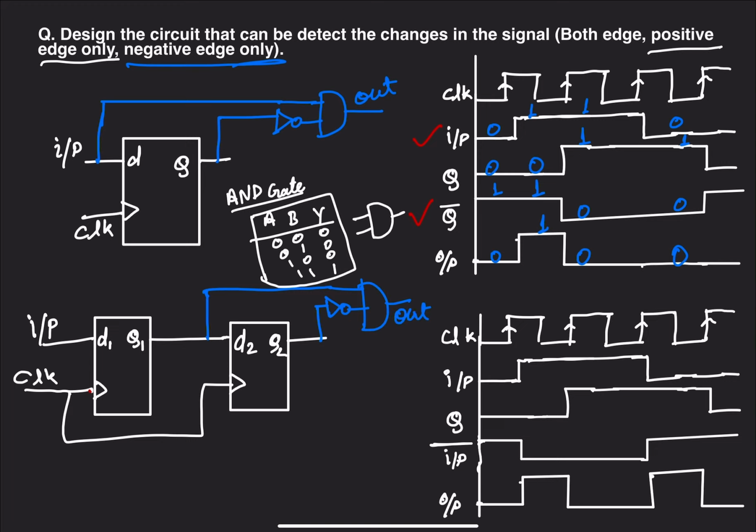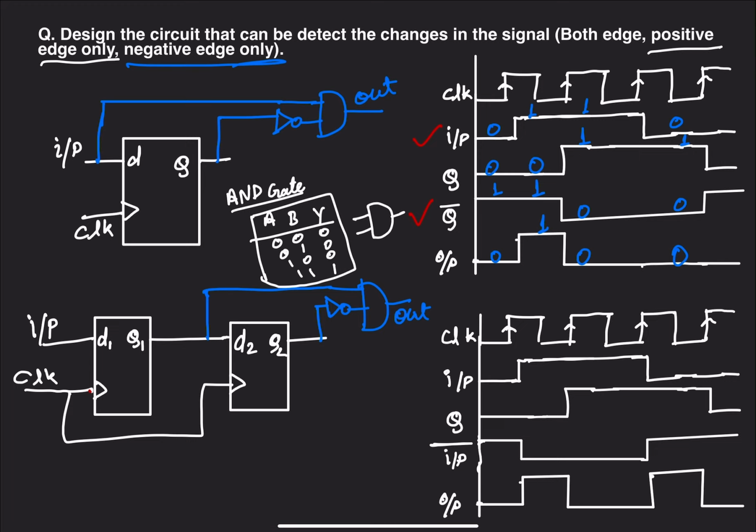How this D flip flop has to be added and what the effect will be, you can see in the previous video. There I explained everything, and in this video we only see the positive edge detection and negative edge detection. The positive edge detection is completed.